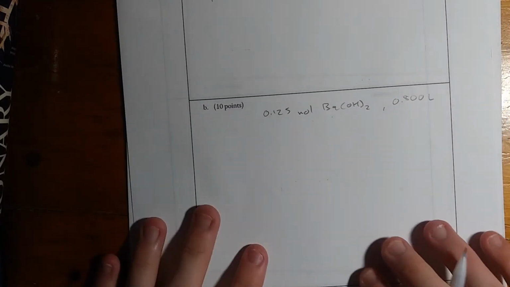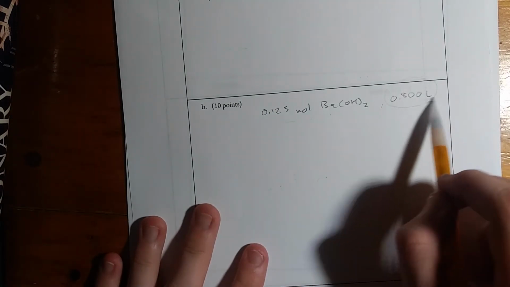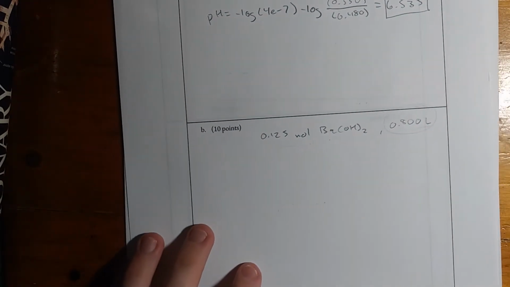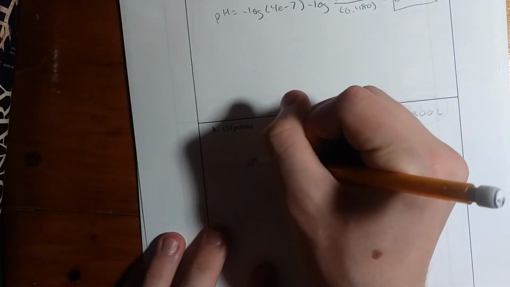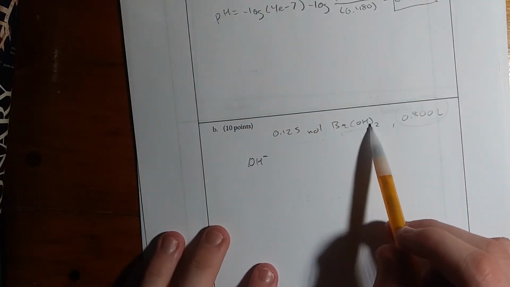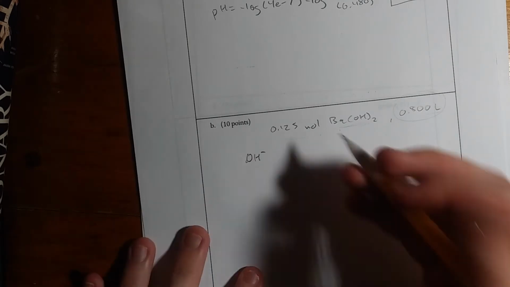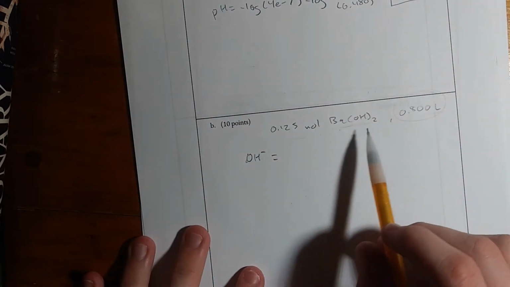So pretty much we had this solution, and they're going to add this much, and they're telling us this was the initial volume of the solution. So one thing I'm going to mention, this always tricks me up, is there are 2 OHs in this formula. It's barium hydroxide with 2 hydroxides. I get fooled by this so much, you have no idea. This is like my arch enemy.